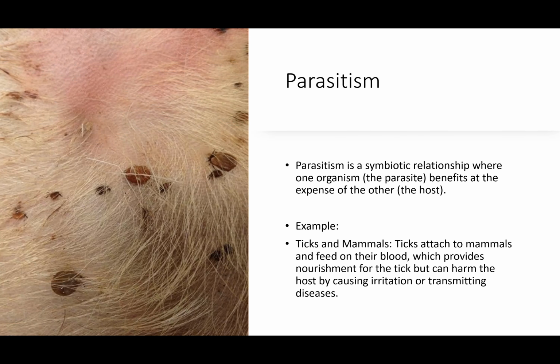All right, parasitism now. Parasitism is a symbiotic relationship where one organism, the parasite, benefits at the expense of the other organism, which is the host. So ticks and mammals. Ticks attach to mammals and feed on their blood, which provides nourishment for the tick, but can harm the host by causing irritation or transmitting diseases. Right. So we have other forms of parasitism. What would be other forms of parasitism?